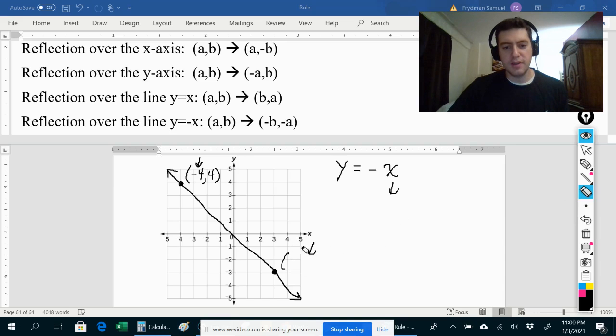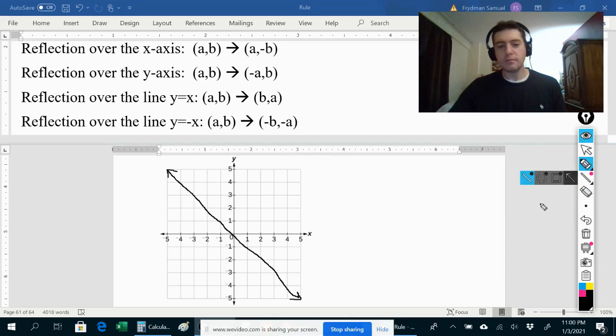Okay, so that's a little bit of a tangent there. I just want you to see that this is the line y equals -x. And then what happens if we were to take a point and reflect it over this line? Well, we would go from (A, B) to (-B, -A), the opposite of B and then the opposite of A. So for example, let's do it with one positive and one negative.